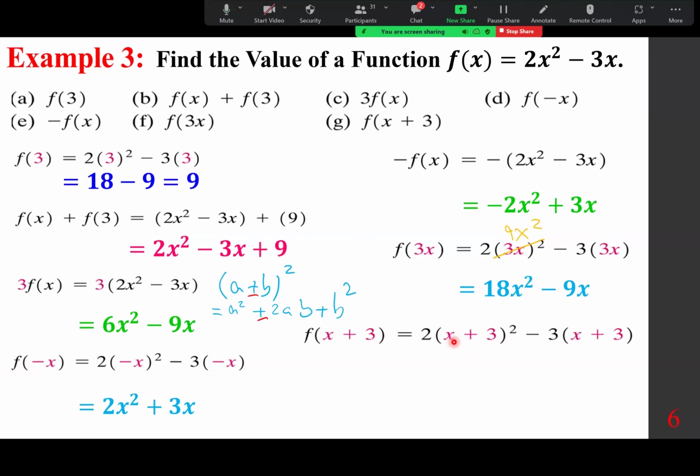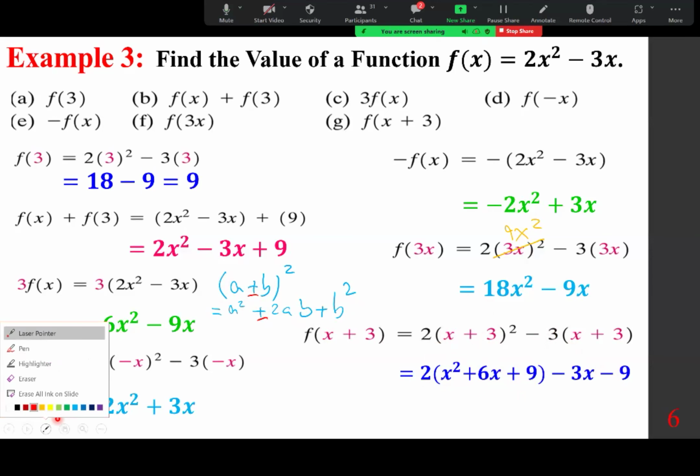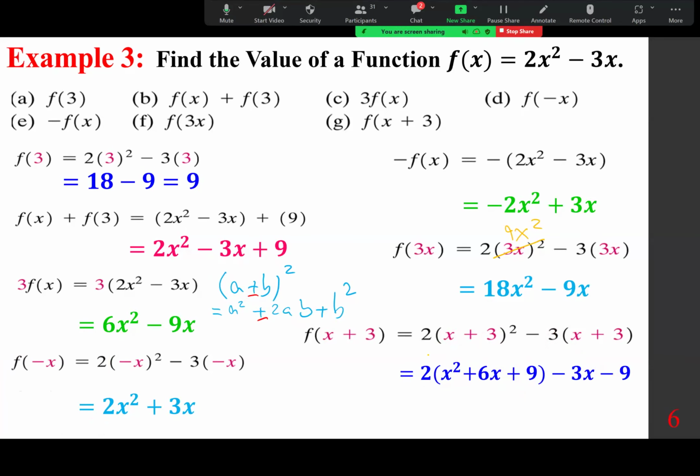So 2 times this one squared, you get x squared. 2 times this one makes it 6x, and then square this, you get 9. So 2 times x squared plus 6x plus 9, following this, minus 3x minus 9. Now we distribute the 2.